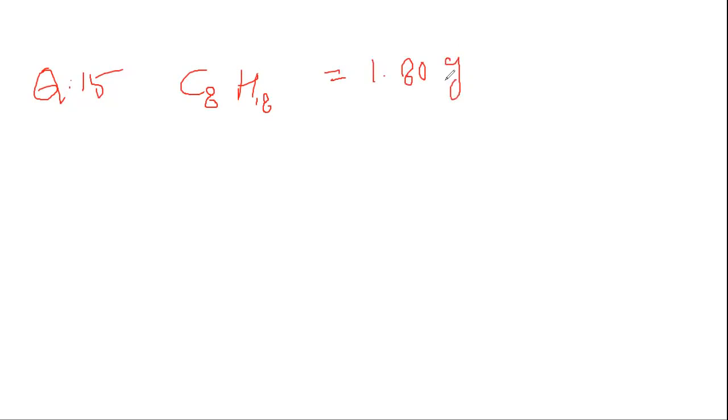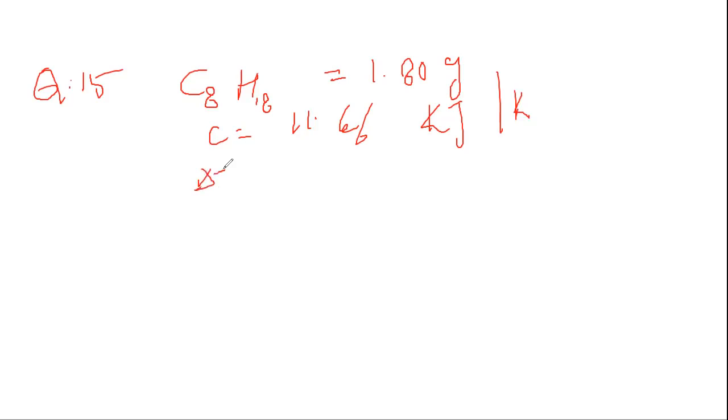This sample is burned in a bomb calorimeter having a heat capacity C of 11.66 kilojoule per Kelvin. Next, the temperature of the calorimeter increases from 21.36 degrees Celsius to 28.78 degrees Celsius.